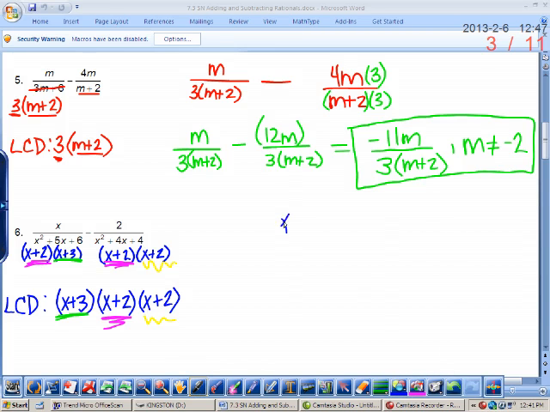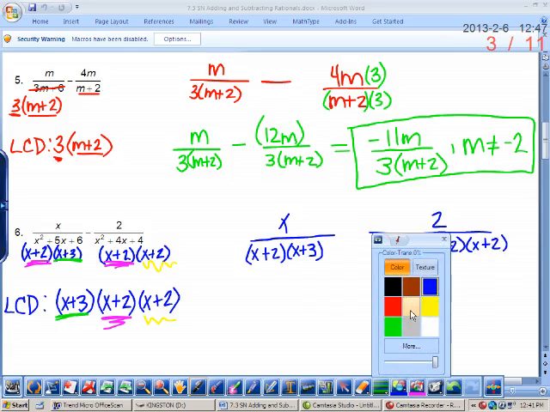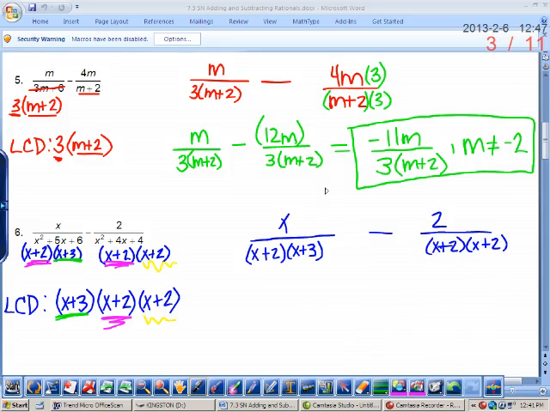So write out what you started with. And then you got to think about each piece. So what are we going to have to multiply this x plus 2 times x plus 3 by? X plus 2. Whatever you do on bottom, you have to do on top.